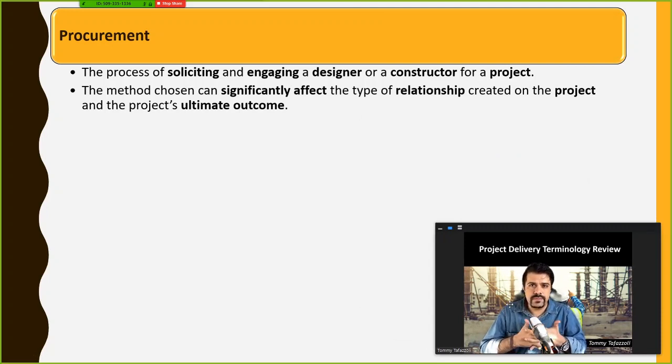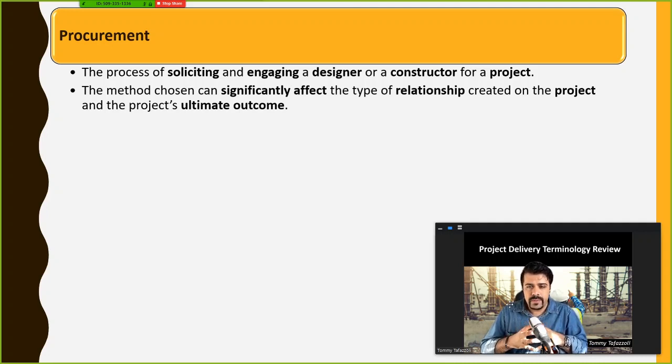So procurement, the other name for procurement, if you remember, was selection. So it is a process of soliciting and engaging a designer or a constructor for a project. Okay, so it means you select a contractor or you select a designer for your project.